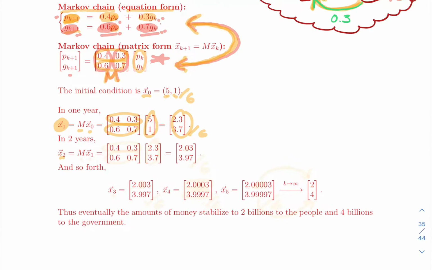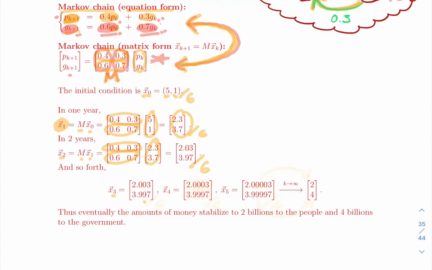So then in 2 years, you take the freshly computed amount. For X2, you go X1 times M. Again, nice matrix multiplication. You can verify that it gives you 2.03 and 3.97. Again, this sums up to 6. And then as an exercise, if you compute X3, you get 2.003 and 3.997.